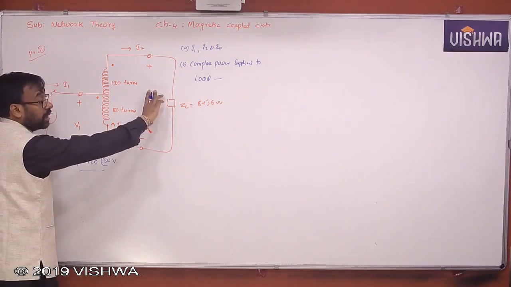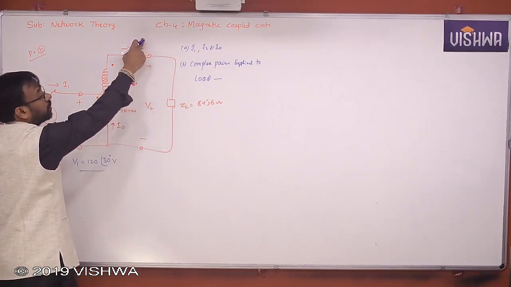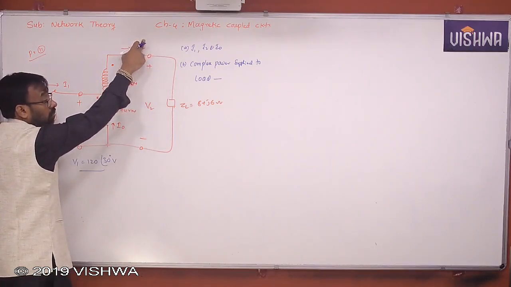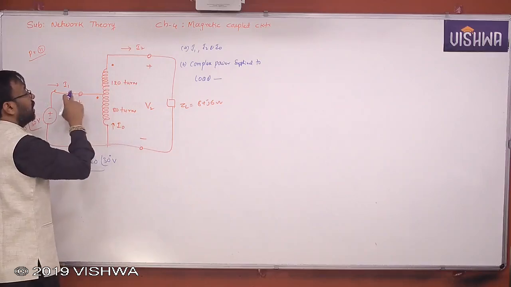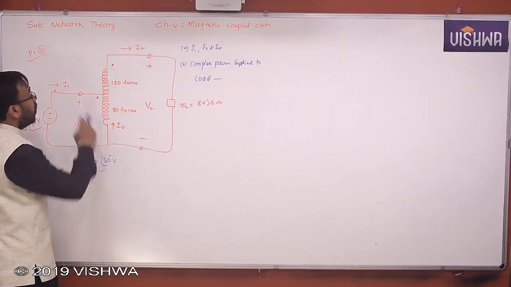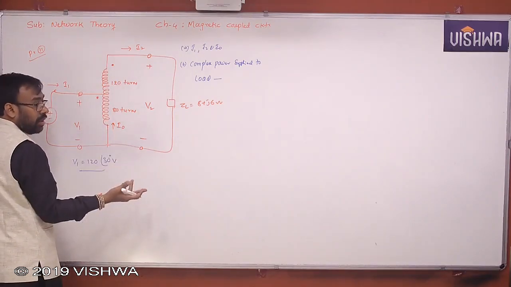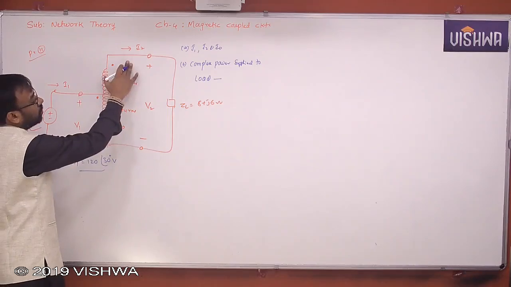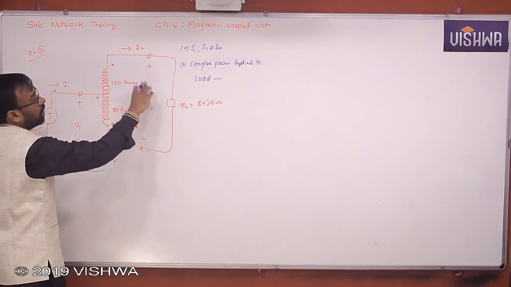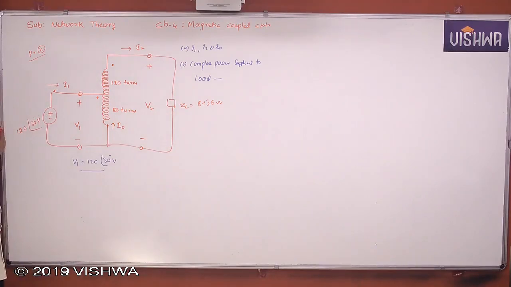If you know V2, can't you find I2, which is V2 by ZL? If you know I2, can't you find I1, because there is a relation between these two? If you know I1 and I2, can't you find I0? If you know I2 and V2, can't you find the complex power supplied to the load? V2 into I2 conjugate. That's it.